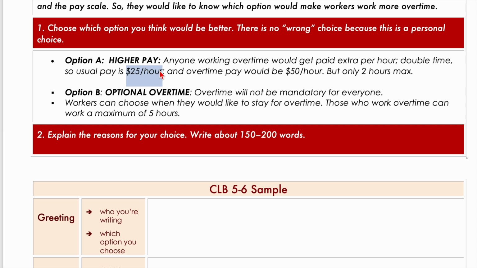I guess it depends on the job, but at this job that we are discussing, $25 an hour is probably the average pay in Canada if you work in construction. $25 or $26 is an average in construction, or there are many jobs that pay that.